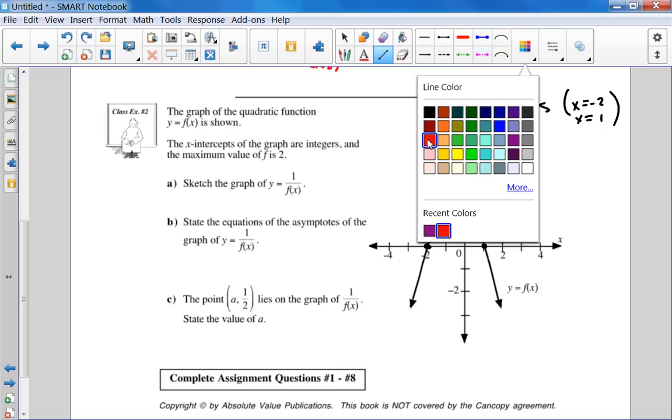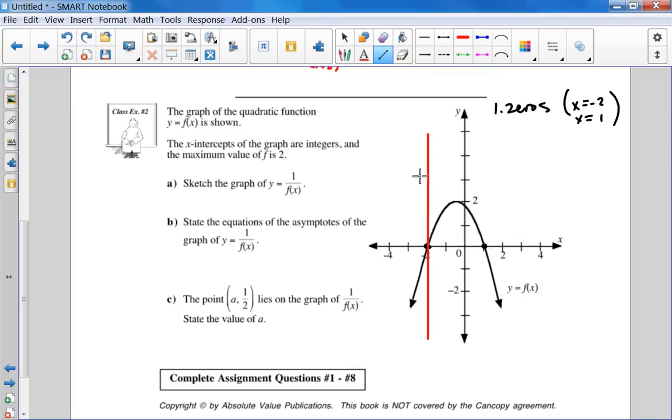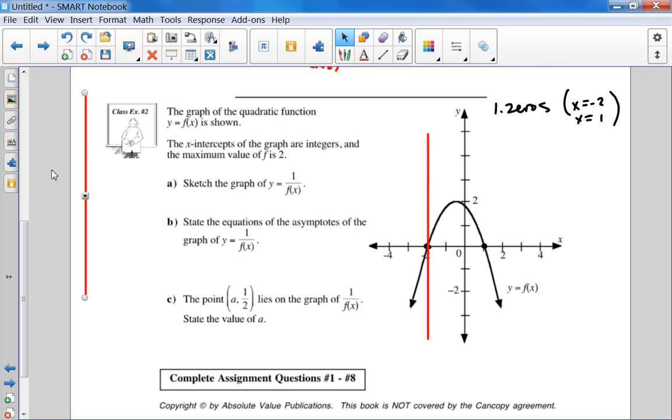Up, down? Okay. What are these called again? Vertical asymptotes. And what does MC Hammer say about those? Can't touch those. Okay.